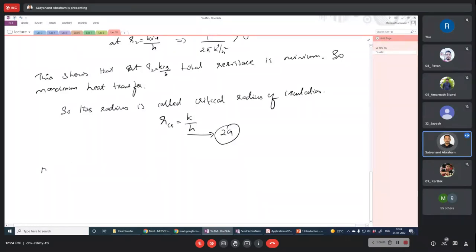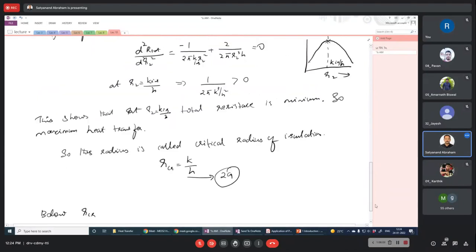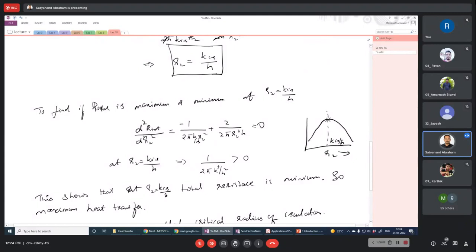Below R_CR, in this range, as the radius increases, the heat transfer increases. Above the critical radius, as the radius increases, the heat transfer decreases.